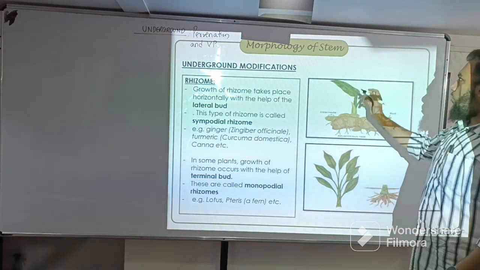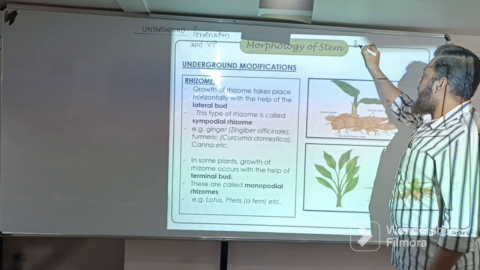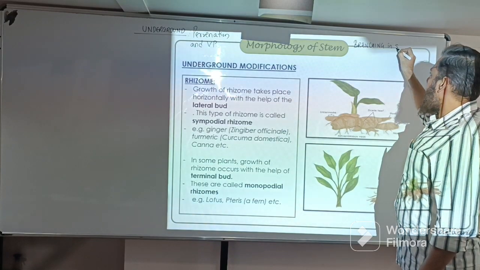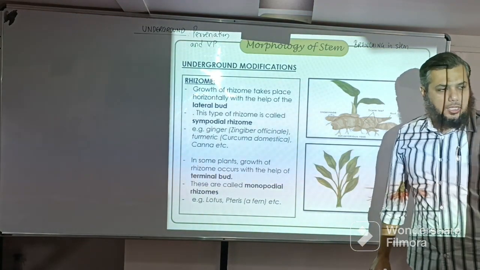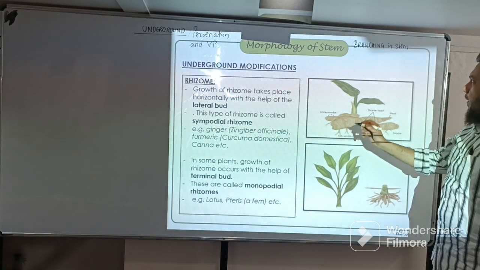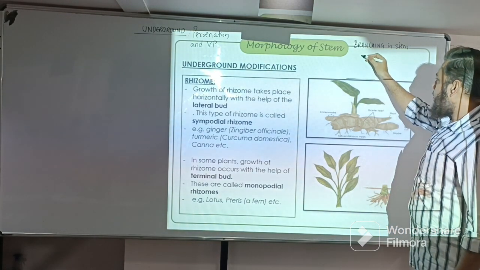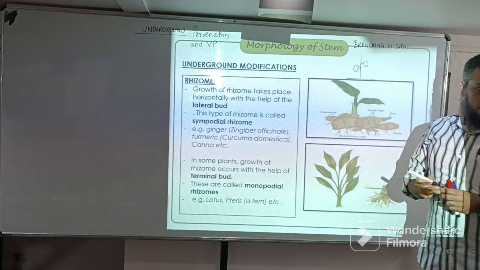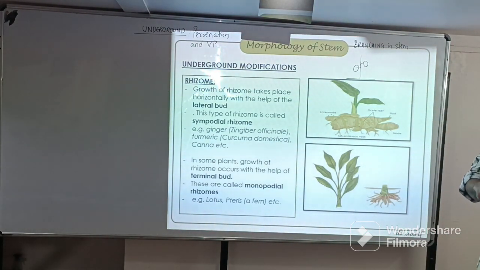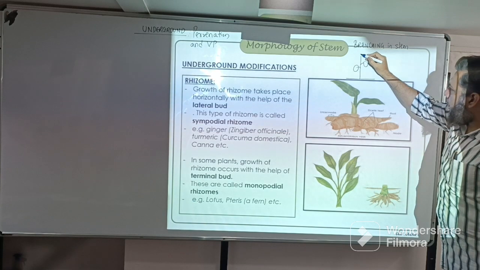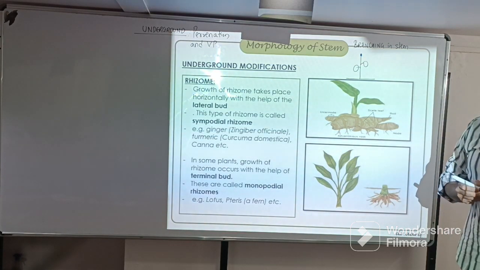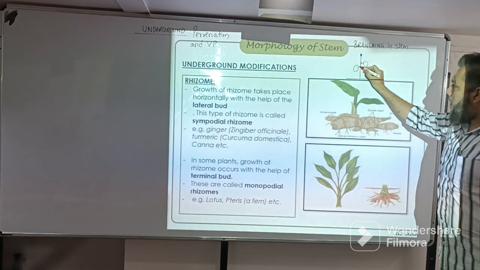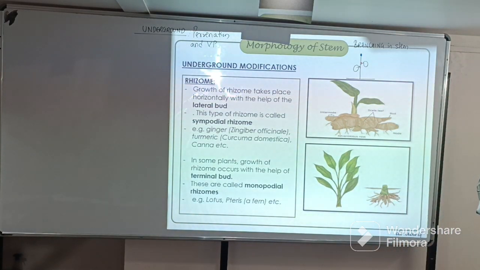Okay. Now, before we proceed to the different modifications, I would like to introduce you to the types of branching in a stem. Like, this is a stem with its leaves, and at the apex, the blue one is the apical bud, and the red one is the axillary bud.